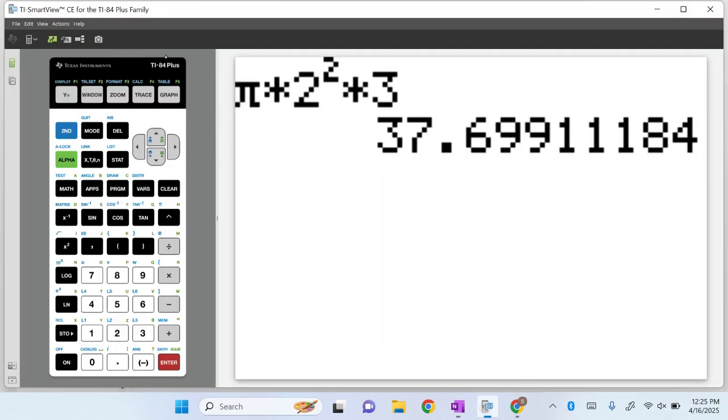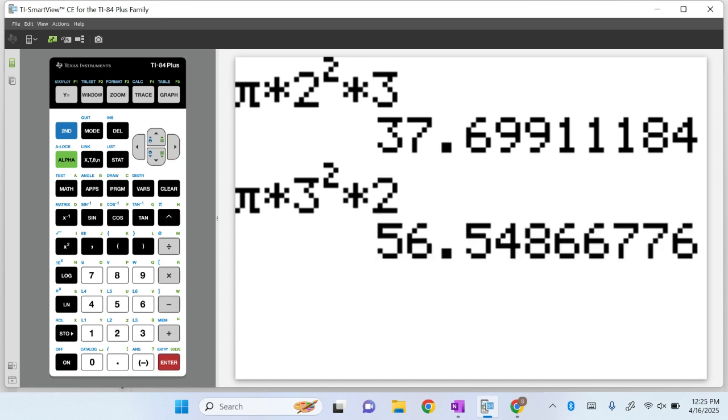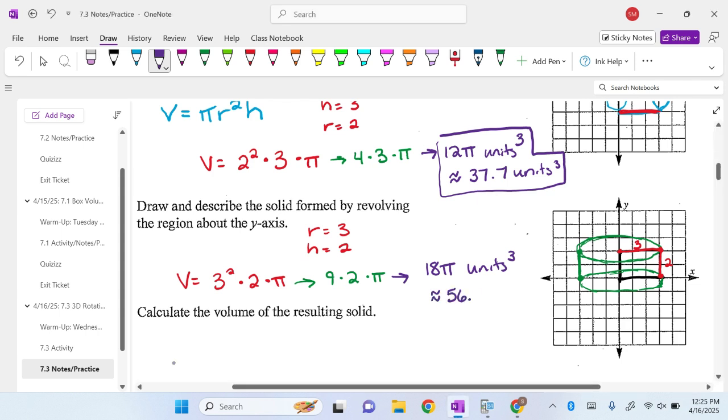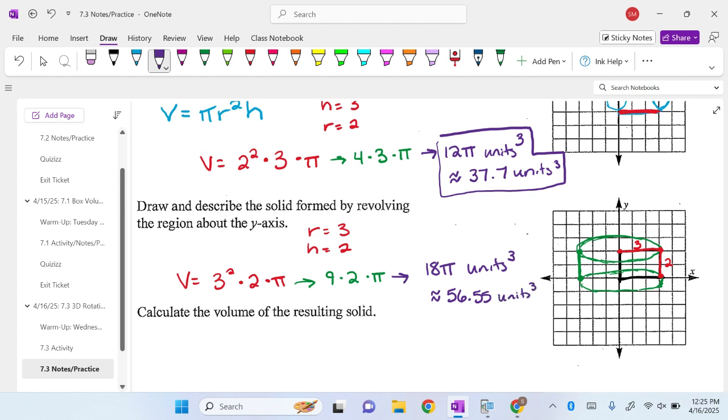Now, if I put that in my calculator to get an approximate answer, I do second pi times 3 squared times 2. If I round to the nearest hundredth, so 2 decimal places, what would I get? 56.55. Good. So this will be approximately 56.55 units cubed.